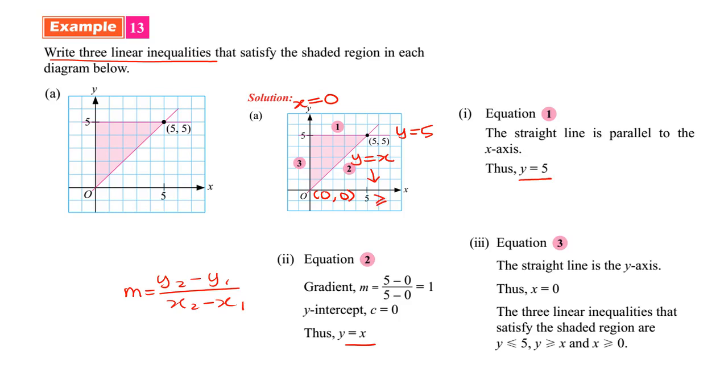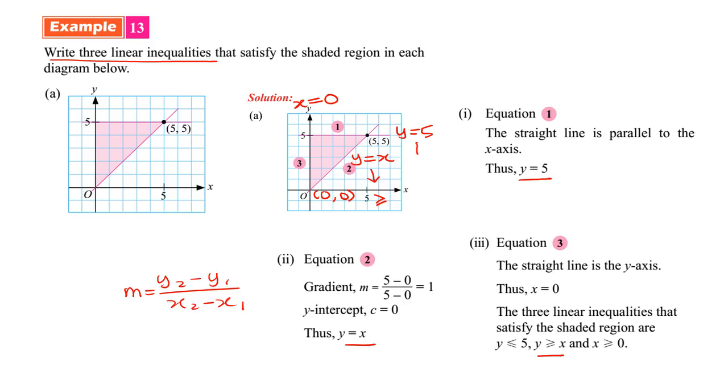So the first inequality is y is greater than or equal to x, and the second one is y equals 5. The shaded region is below this line, and the line is drawn using a solid line.